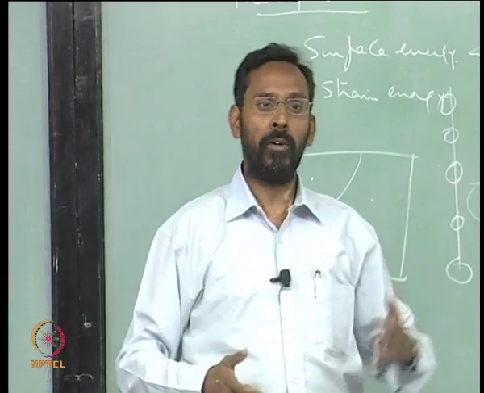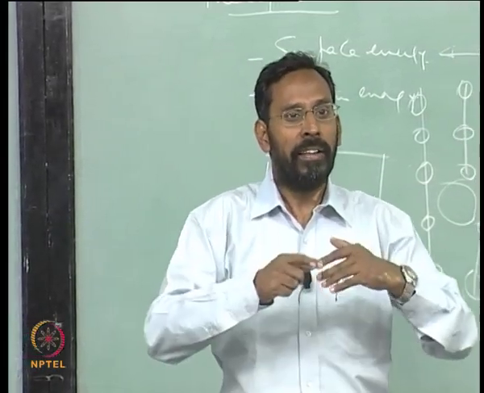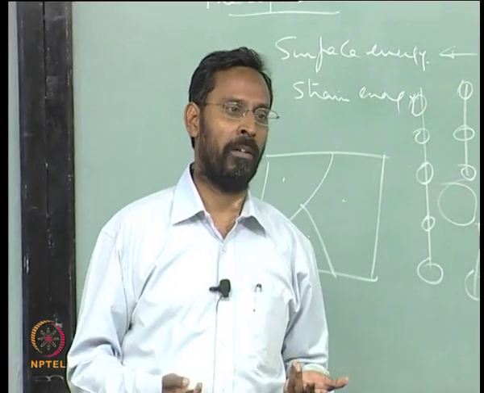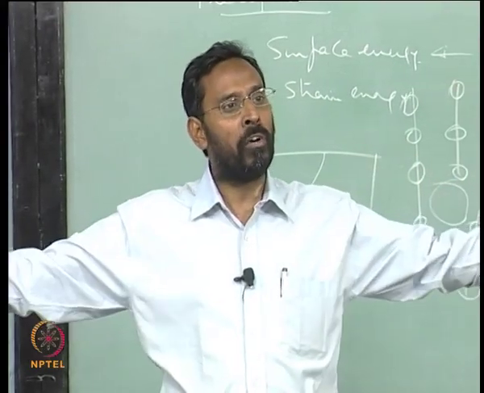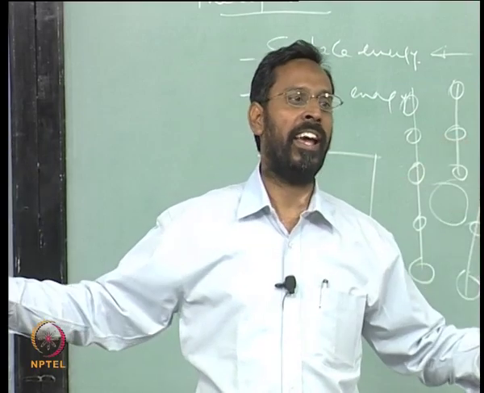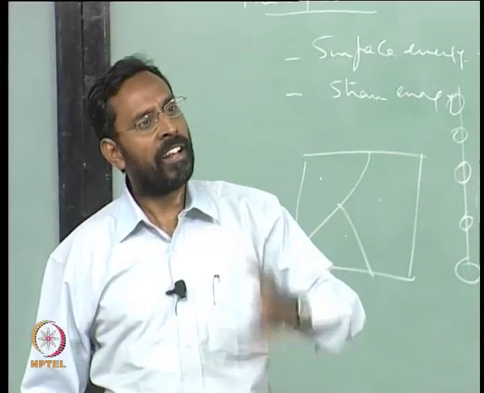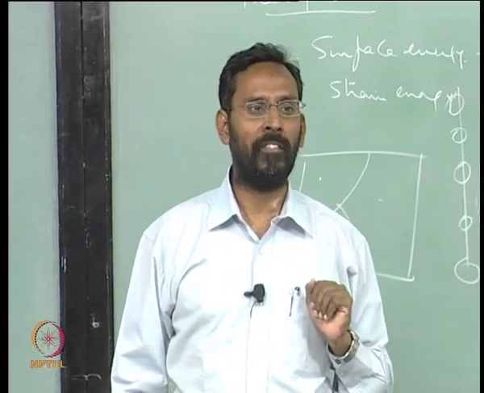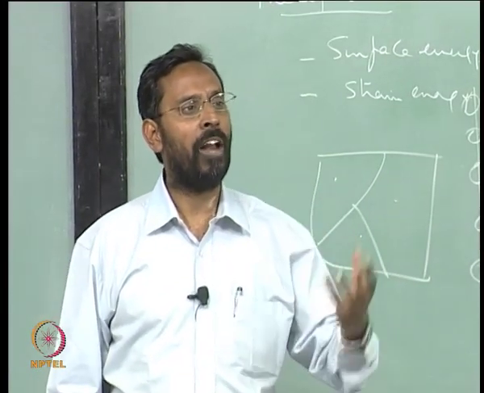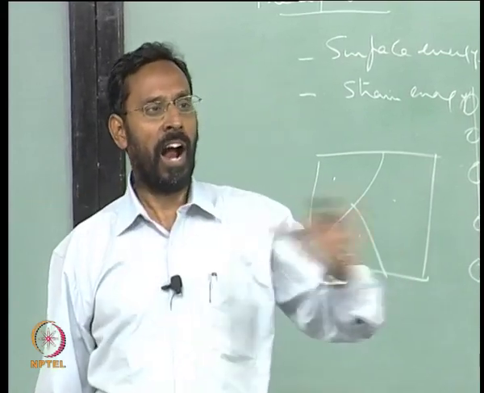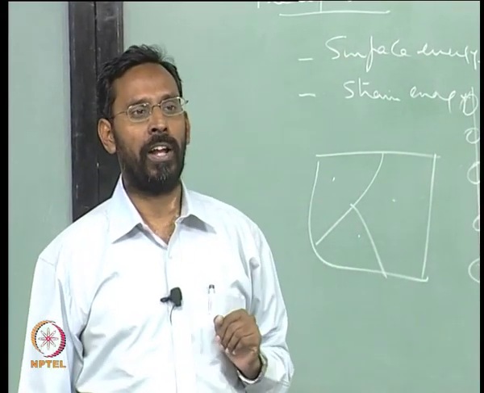A low angle grain boundary has a lower energy, because the extent of misorientation between the two grains is very small, and the more the misorientation, the higher the energy of the grain boundary. Exactly similarly, because there is continuity of the planes at the interface, coherent precipitates always have the lowest energy, incoherent will have the highest, and semi coherent will have somewhere in the middle.